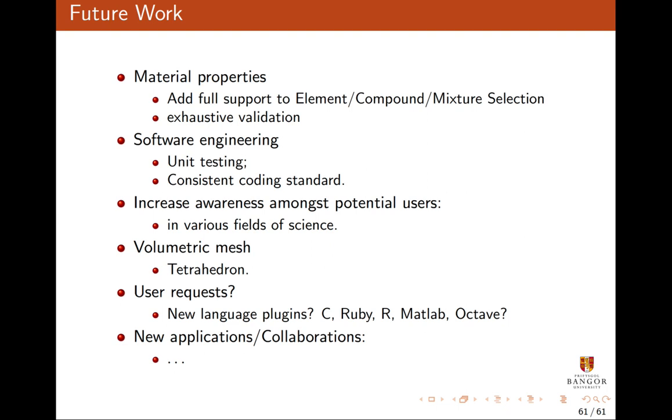And I can add some stuff that is asked by users, like, well, I use C++ a lot, but also MATLAB, Octave, Python. Python is done now. And I'm happy to have new applications and collaboration.